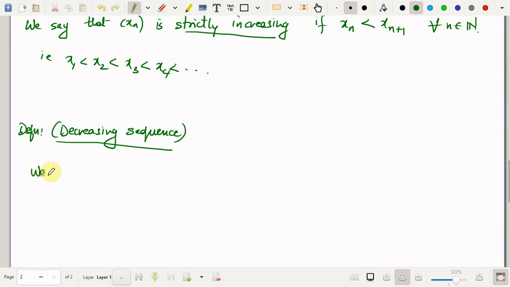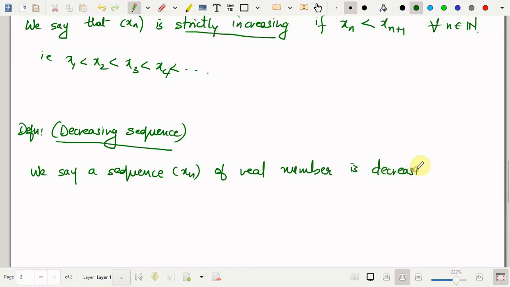So we say a sequence xn of real numbers is decreasing if for each n in N we have, okay, so what we observe is that xn will be greater than or equal to xn plus 1.